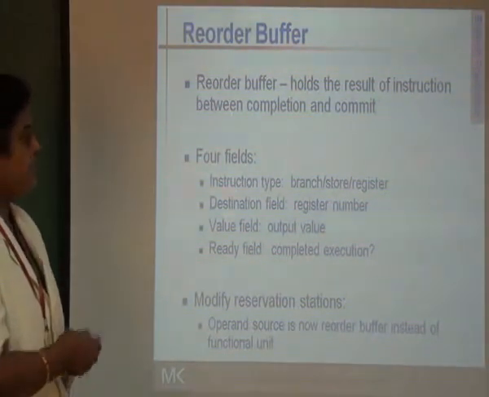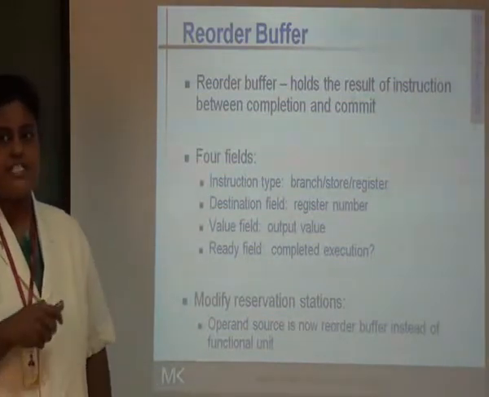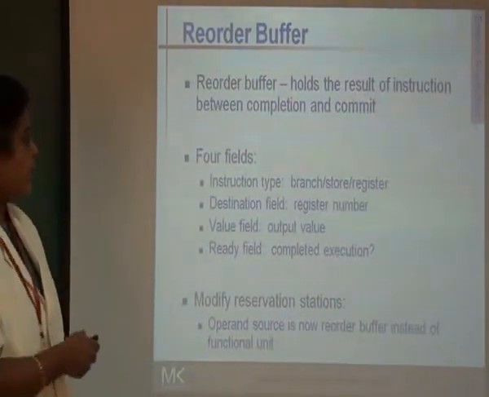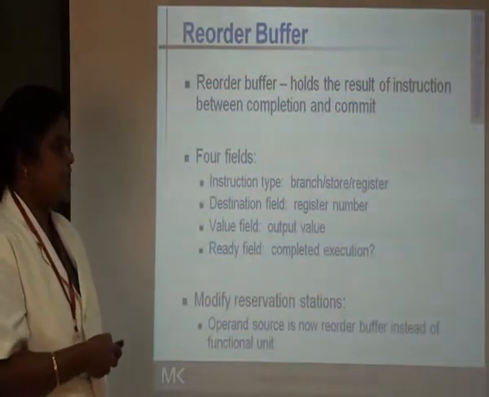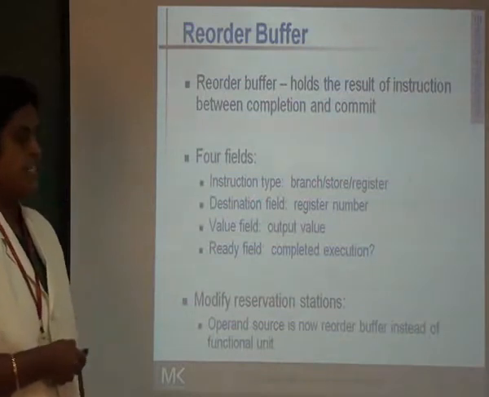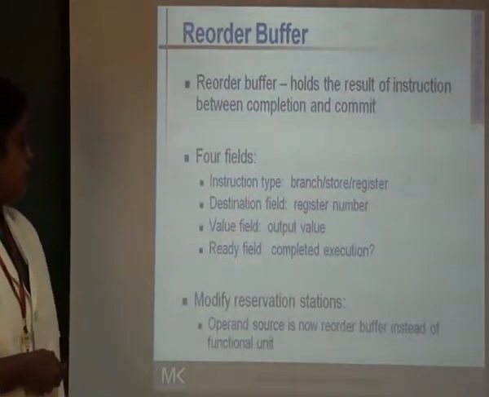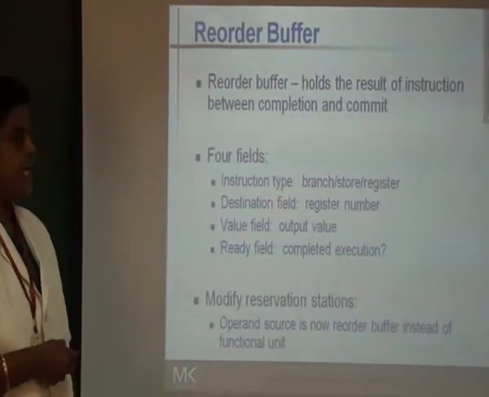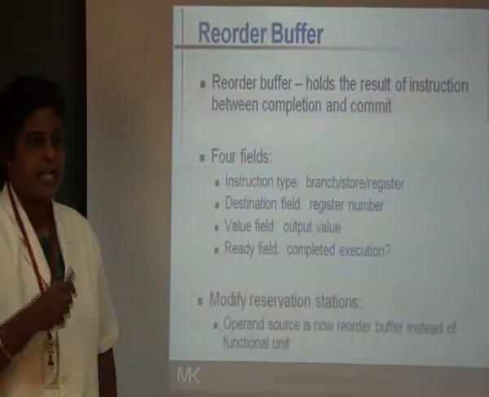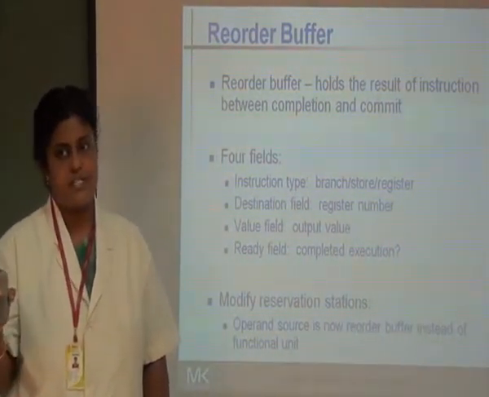So what are the 4 different fields in this reorder buffer? Just as we have 7 fields in the reservation stations, we have 4 fields in the reorder buffer. One is the instruction type, the second is the destination field, the third is the value field, and the fourth is the ready field. In the instruction type, we have to tell whether it is a branch instruction, a store operation, or a register instruction.